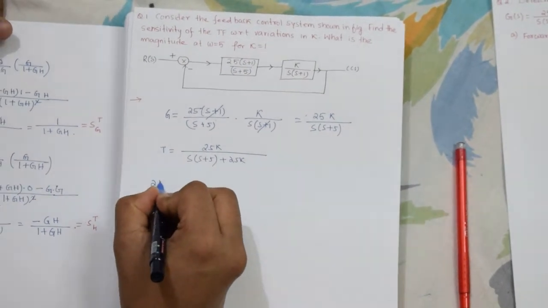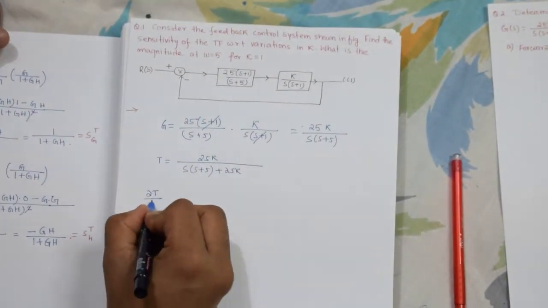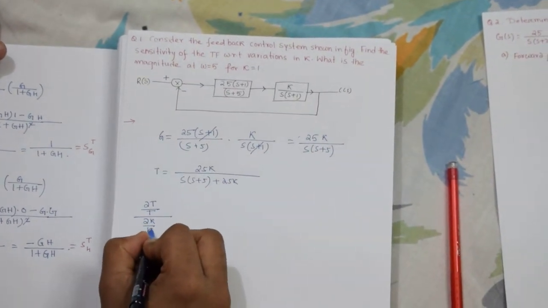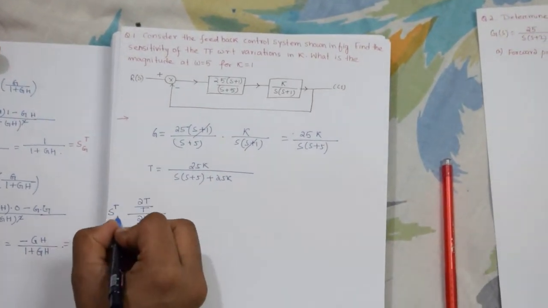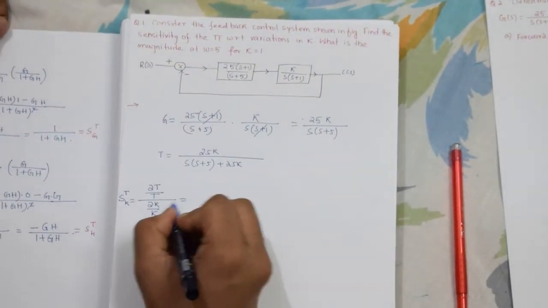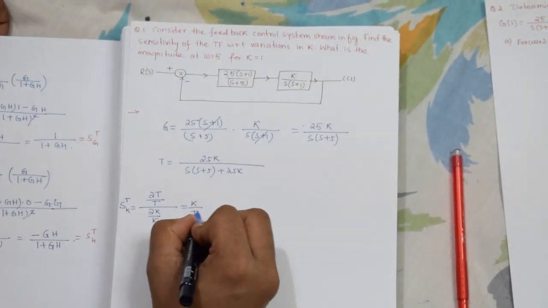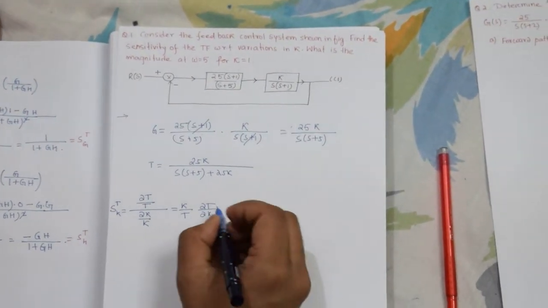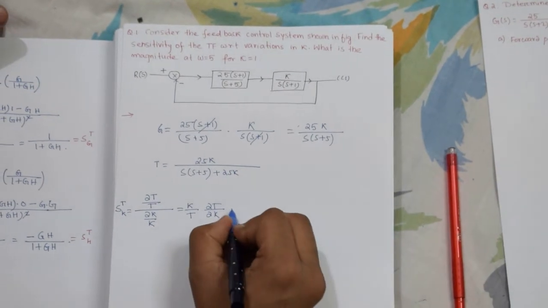Means we need del t by t by del k by k, which is sensitivity of a transfer function with respect to k. If we simplify this one, it is k by t del t by del k. Now we will put the value of t here.